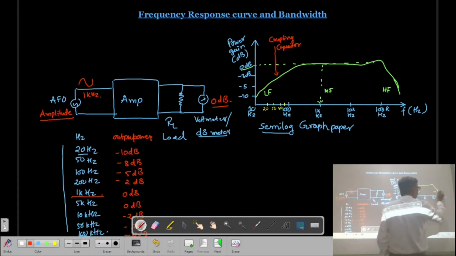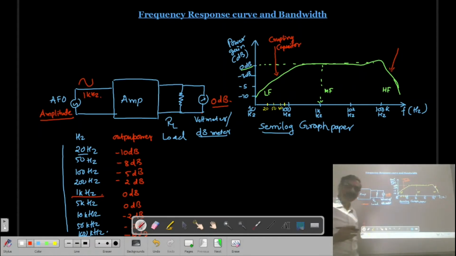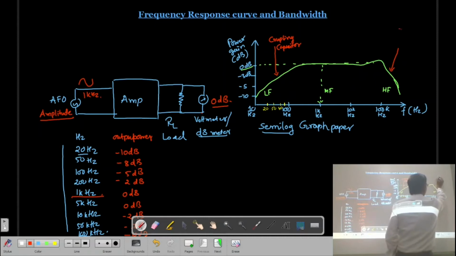Then at a higher frequency, the gain of the amplifier is decreasing. That is due to the inter-electrode, or you can say distributed, capacitors of the active device.